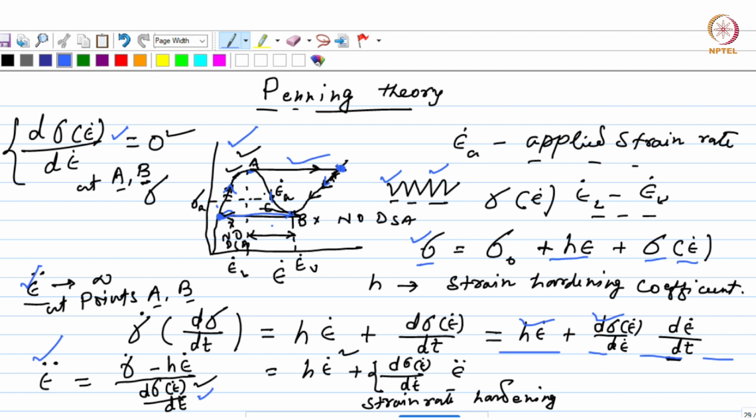Okay, so that is how, with the help of this plot between sigma and epsilon dot, Penning explained these serrations occurring in the stress strain diagram.